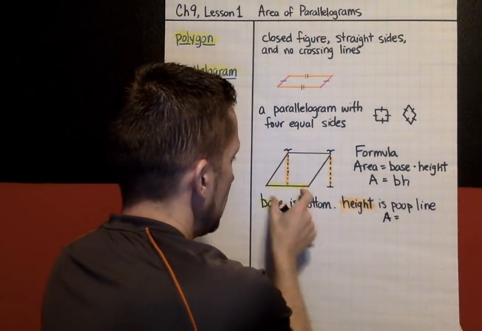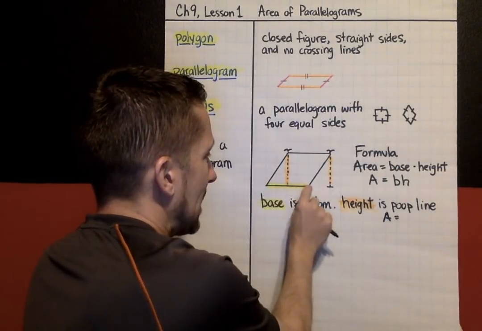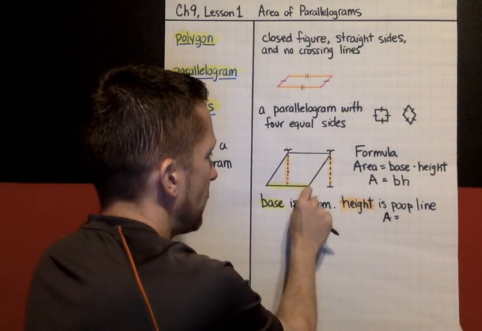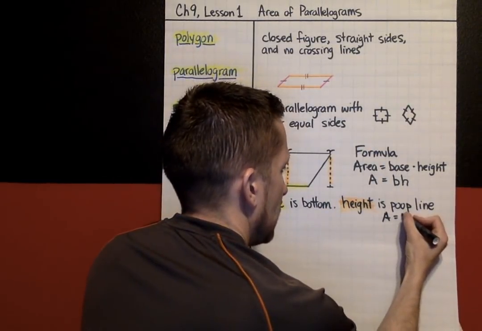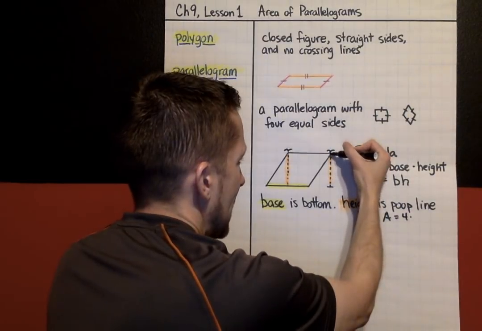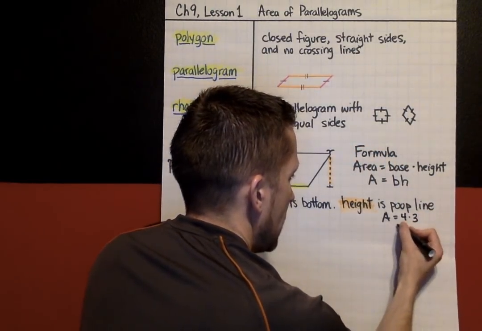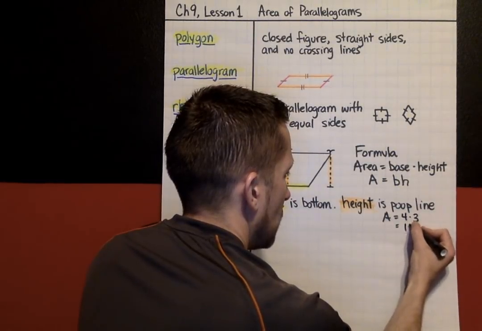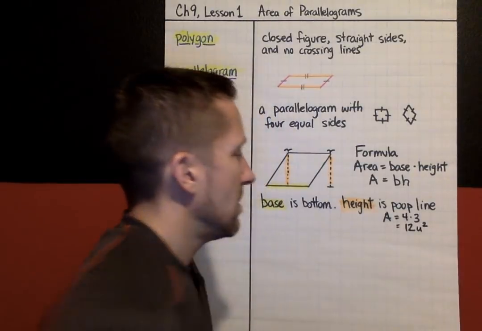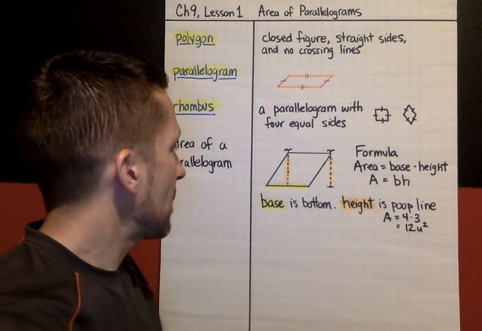The base, this line, is 4 units long, and I'm counting just the line. How many full boxes is this line? 1, 2, 3, 4. So the base is 4. The height is, how many full boxes is the height? 1, 2, 3. So 4 times 3, your height is 12 units squared. That is the area of this parallelogram.